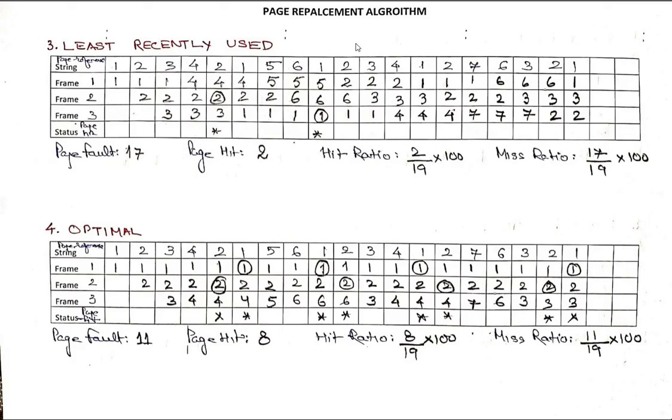So let's see least recently used. Now LRU is almost like FIFO, but the only difference is that whenever there is a page hit, that particular point is termed as 1, because it refreshes the memory.